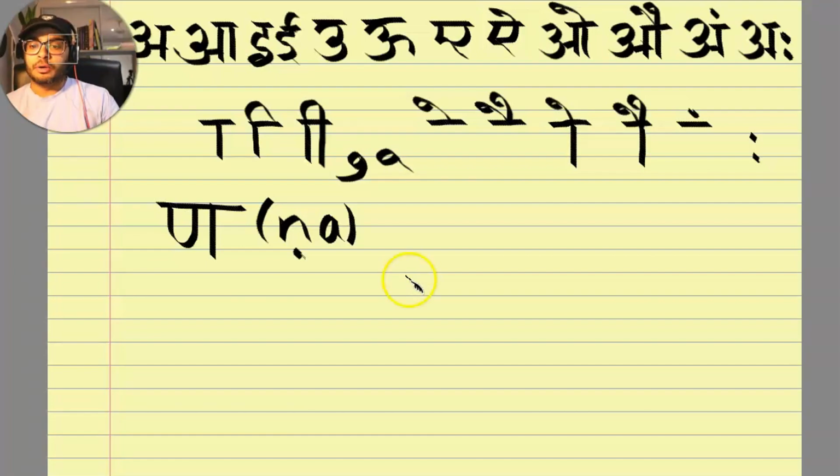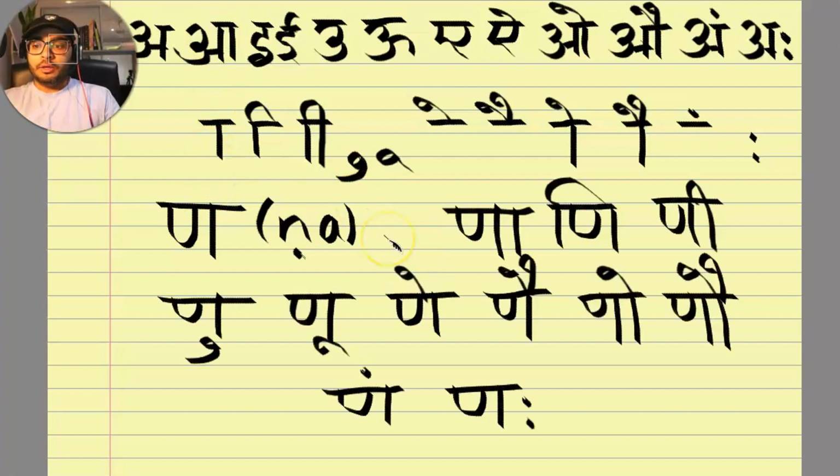Parmanu basically means atom in Nepali. The Barakhari for this sound is going to be a challenging one, but let me give it a try. It would go like na, na, ni, ni, nu, nu, ne, nai, no, nau, num, nah.